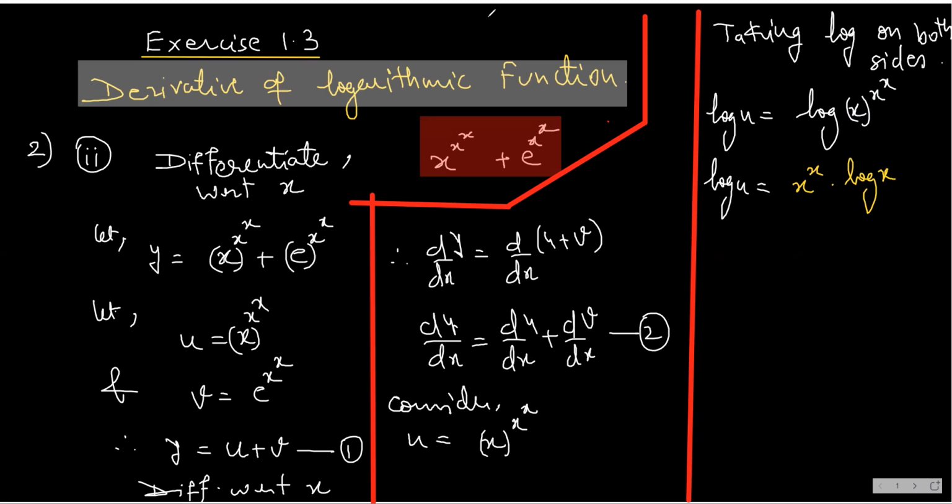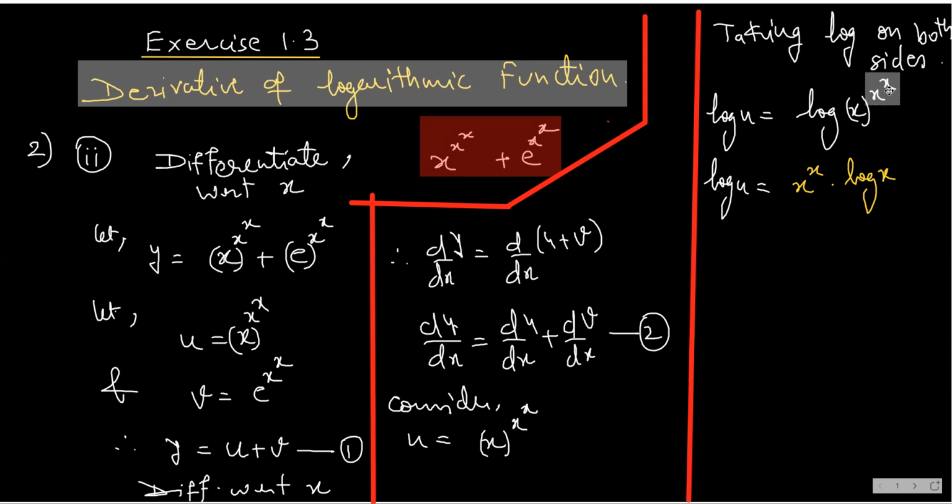And what is it? I noticed that even after taking log, we have x raised to x as a coefficient. So we got rid of this variable as a power of the variable.